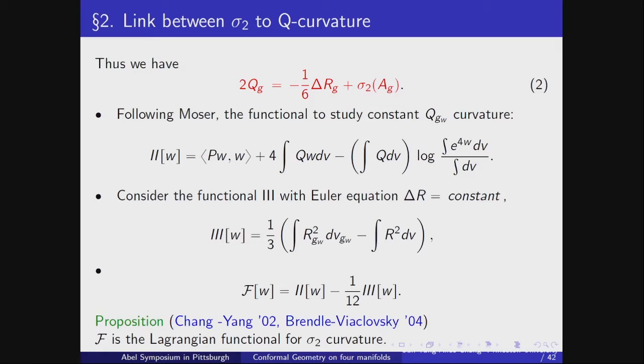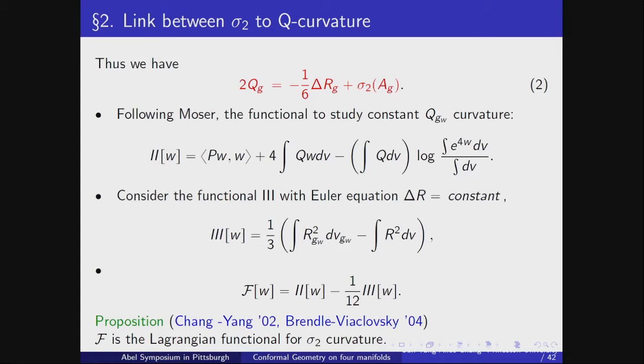Now, if we look at Q curvature and think about the comparison to Gaussian curvature, we know there's a natural functional to study Q curvature, and I write it as functional 2, which corresponds to Moser's functional. So this is P_4 w w plus 4 Q times w, and then a normalization of the volume.